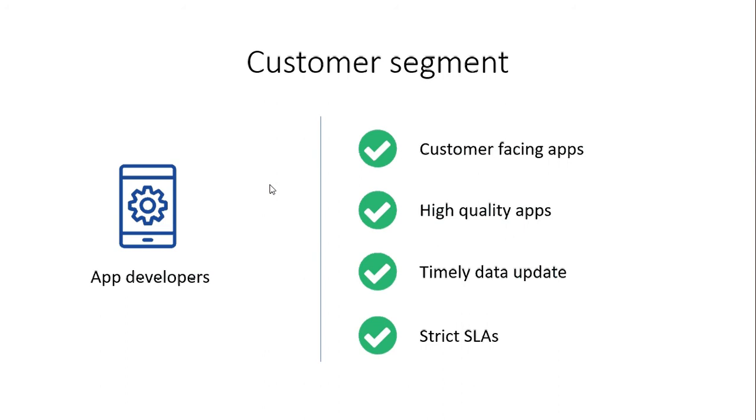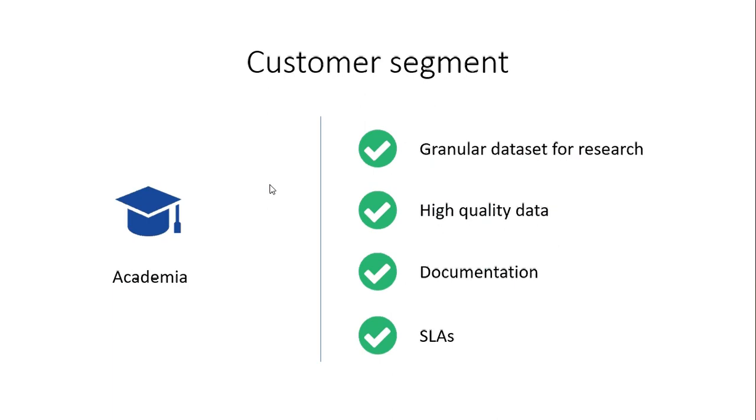This is just an example of a transport agency, but having said that, this applies to a wide range of agencies across your public sector. So having a strict SLA for the app developer customer segment is far more valuable and ensures that there is a lot of trust and customer satisfaction happening across the society, especially the citizens.